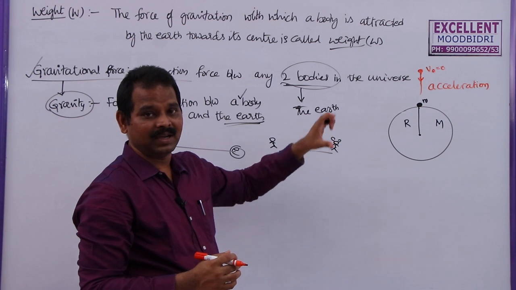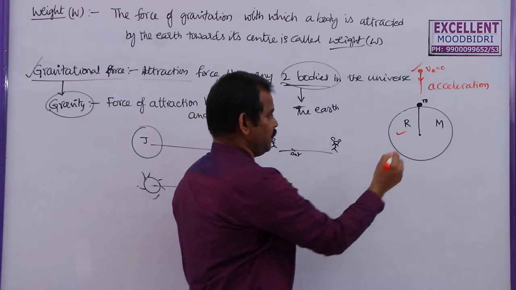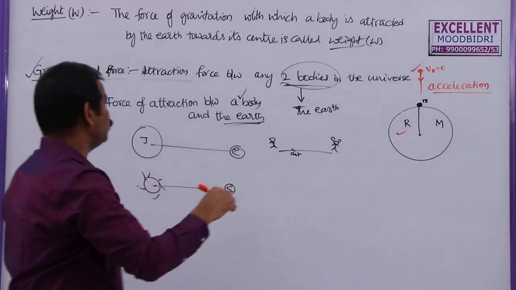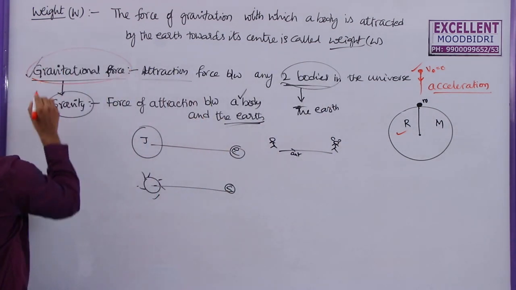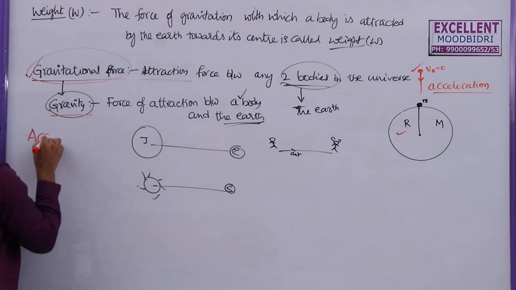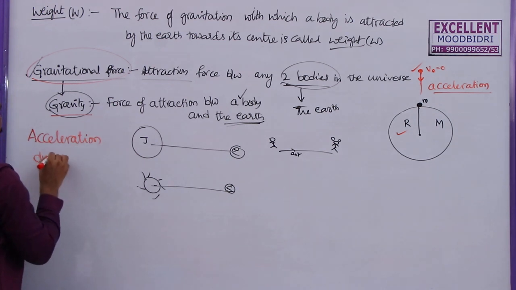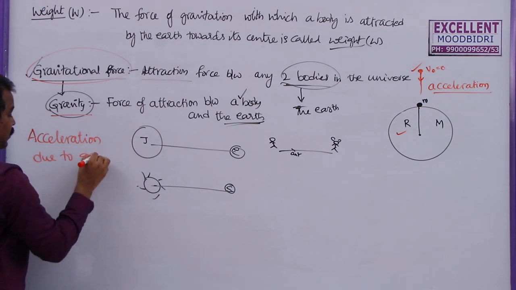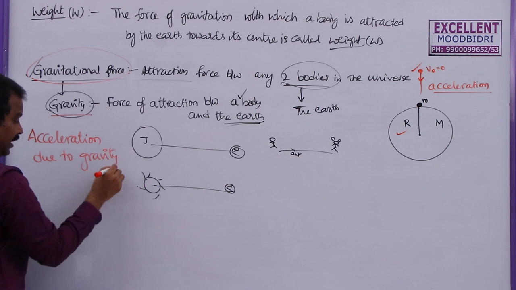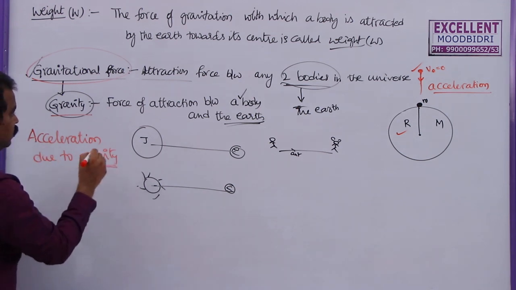This is nothing but the gravitational force of attraction between this body and earth. That's why this acceleration is due to the gravitational force. As one of the bodies is earth, we call it acceleration due to gravity. So whenever you are using this word gravity, one of the two bodies must be earth only.